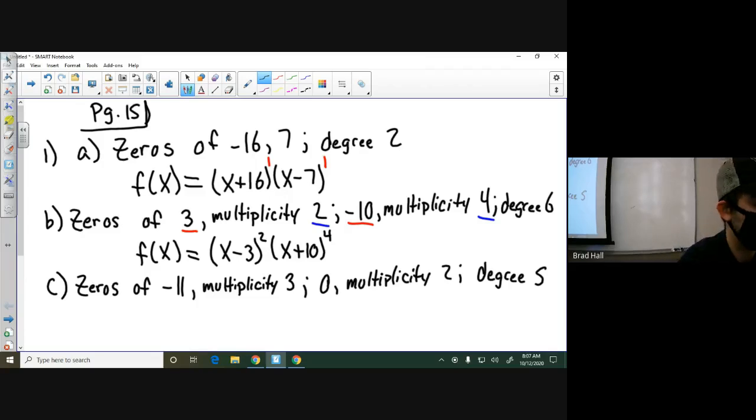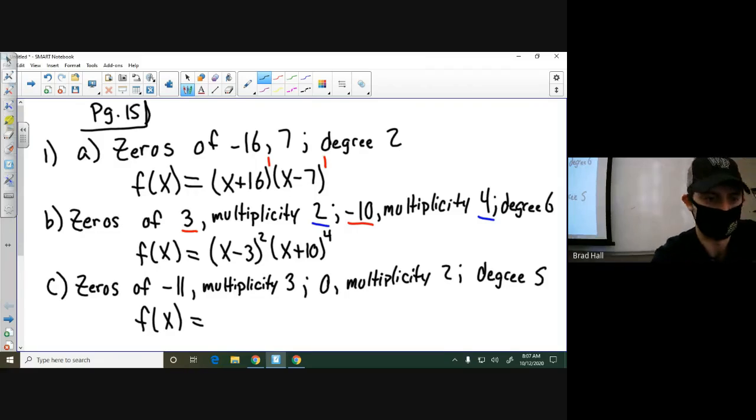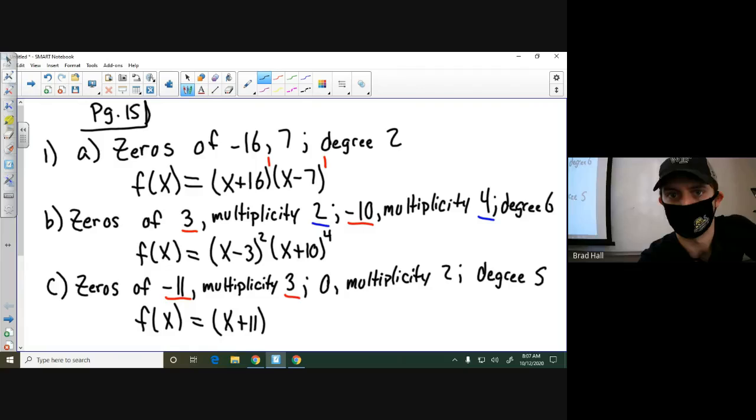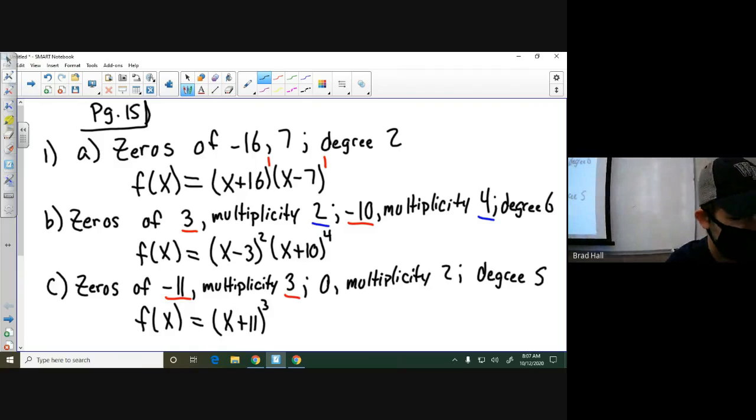So it's a function, so I'm going to set up the f of x notation. One of the zeros is negative 11 with a multiplicity of 3. So the factor is x plus 11, and the exponent is 3. That's it.